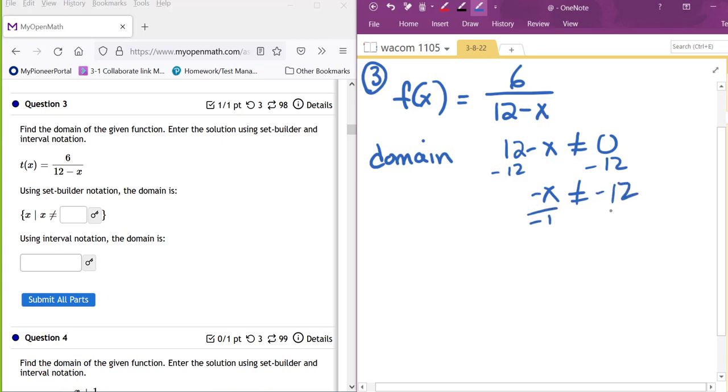Divide by negative 1. So x cannot be equal to this. 2 negatives will give you positive. So we're throwing away the 12. So with the set builder, all you have to enter is the 12 here. It already has it set up for you. So it will be the set of all x such that x is not equal to 12.